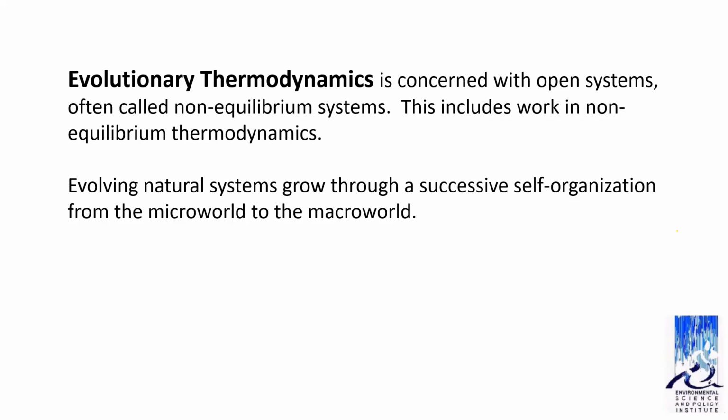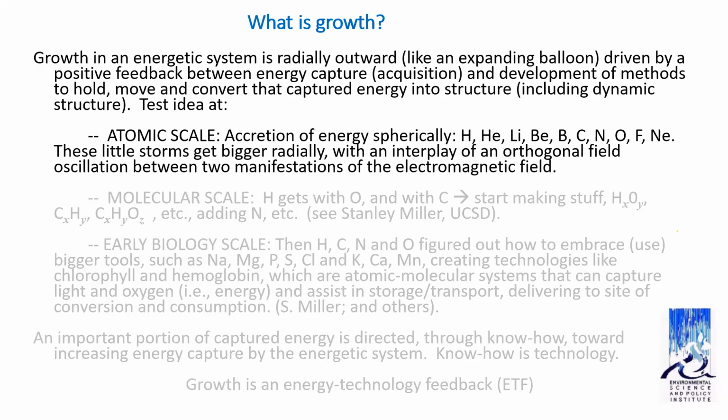But the basic idea is evolving natural systems go through a series of stages of self-organization from the micro world to the macro world. And so we can now say, what is growth? And an important concept here is that there's a radial aspect. Growth goes out radially. And it's fascinating when you think that radiation, when you emit light and energy just spreads, it spreads spherically, radially.